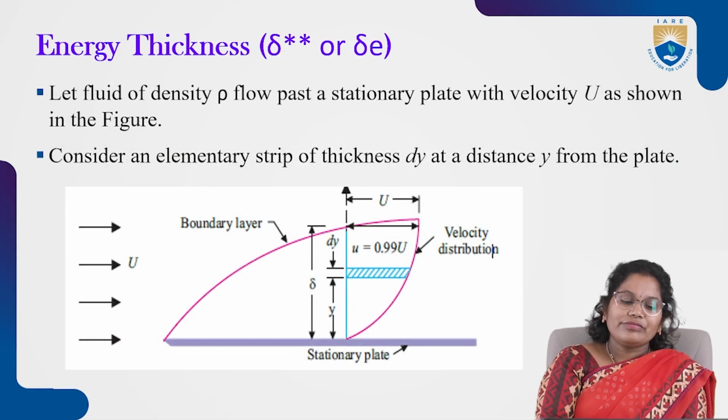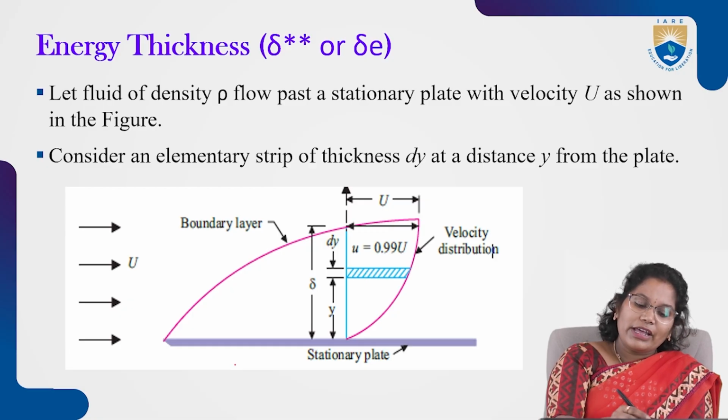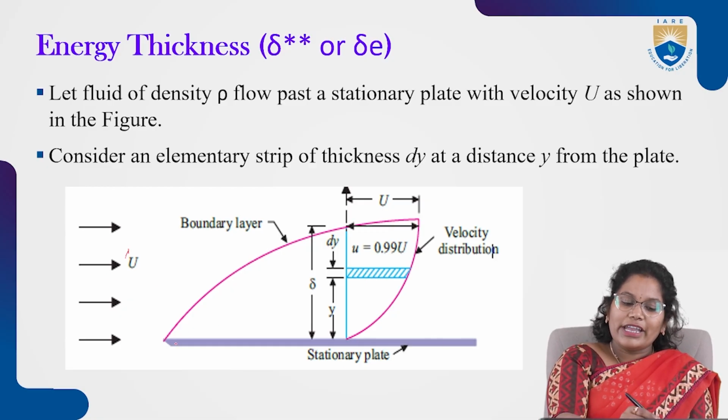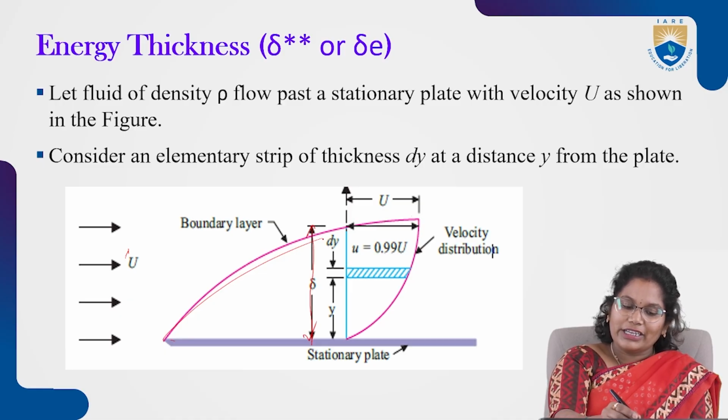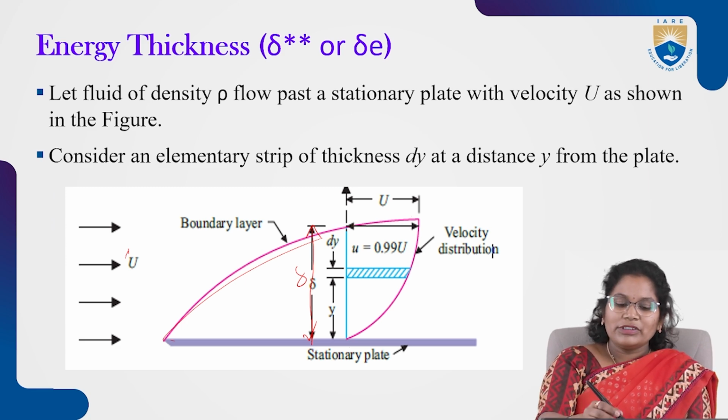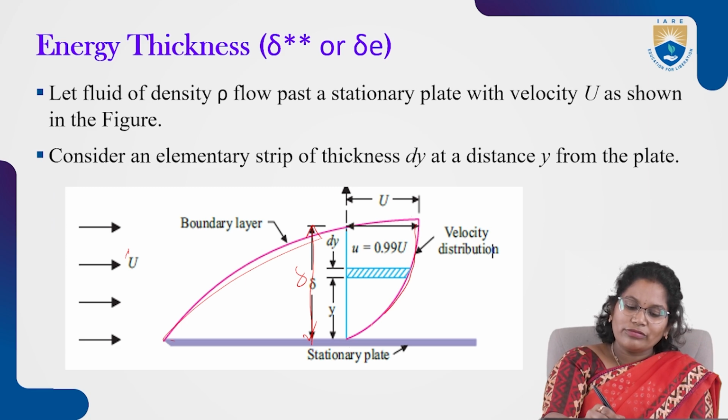This is also the same figure. This is the stationary plate and this is your free stream velocity. Here is the boundary layer and this is your boundary layer thickness, the distance between the boundary and where u becomes the free stream velocity. Here is the velocity distribution and this is the elementary strip.